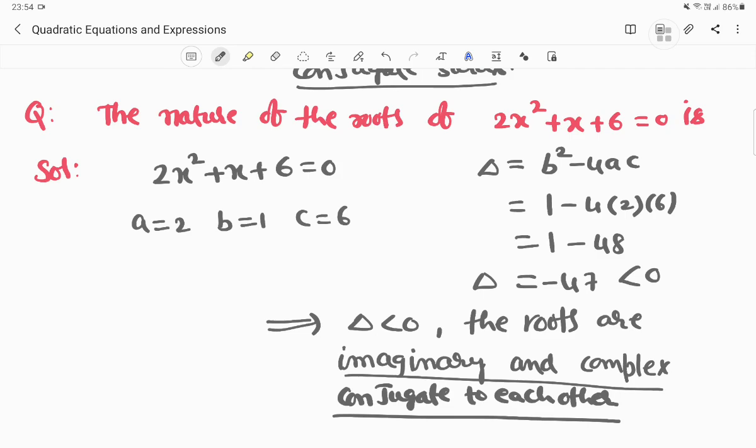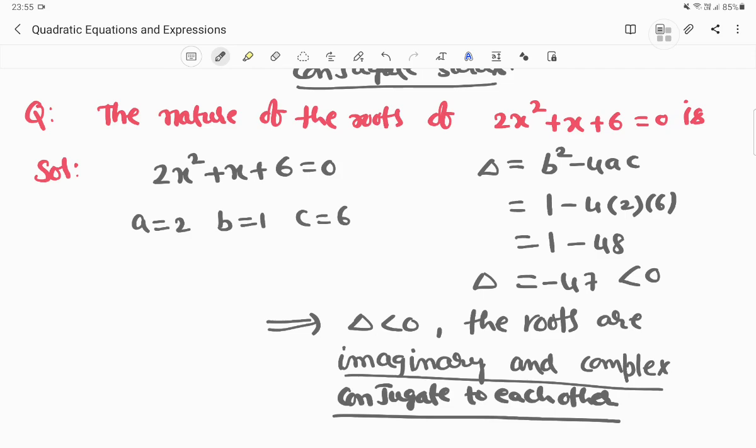In the next video, about the problems which are related to common roots and transformed equations: if the roots are −alpha, −beta, then the equation is −f(−x) = 0. If the roots are reciprocals, 1/alpha, 1/beta, f(1/x) = 0 is the required transformed quadratic equation.